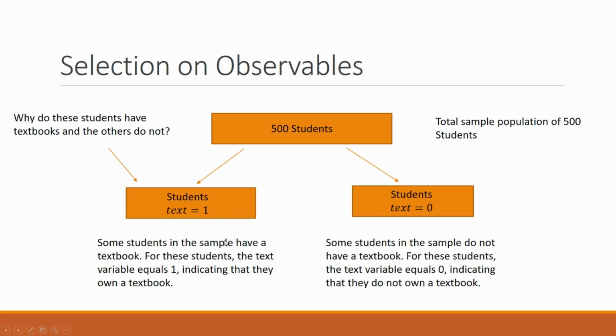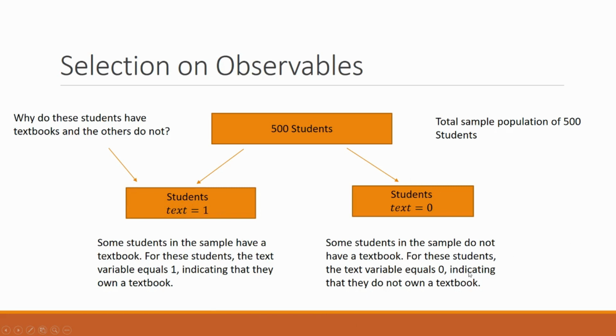And so now when we look at that, we say, well, why do some students own the textbook and other students don't? This is the selection process. There is some reason or some reasons why these students own the textbook and these students don't.